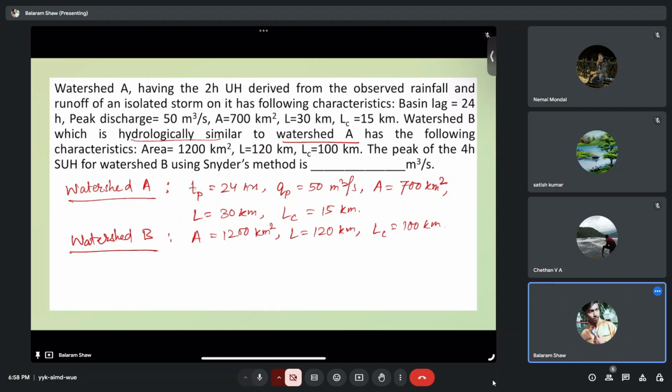So here you see watershed A having the 2-hour unit hydrograph is there. Okay, and we need what, the peak of the 4-hour synthetic unit hydrograph for watershed B using Snyder's method. We have to do. We'll give you 2-3 minutes at least to start.